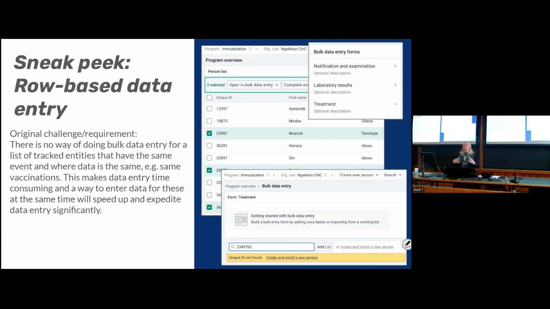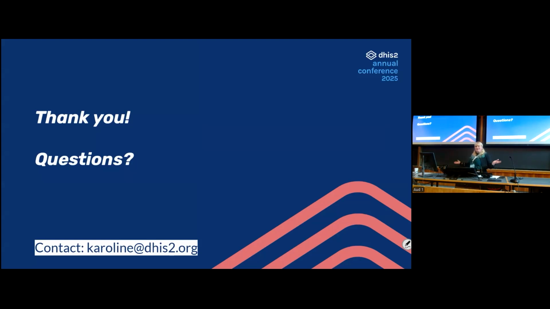So being able to enter that same data for that whole list at a time will expedite data entry time significantly. So very excited for this one and to work with our partners in the campaign space to get some early user feedback. So those were just some quick highlights. Thank you. And any questions on this?